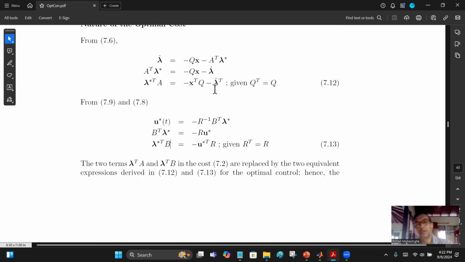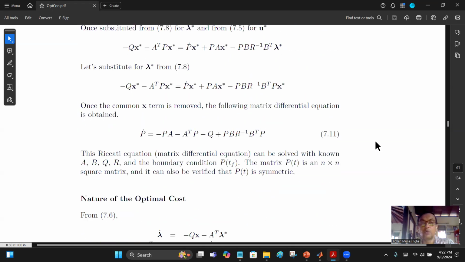So why we derive 7.12 and 7.13 is to have these two statements, lambda transpose A and lambda transpose B, to replace the same terms in the cost 7.2.